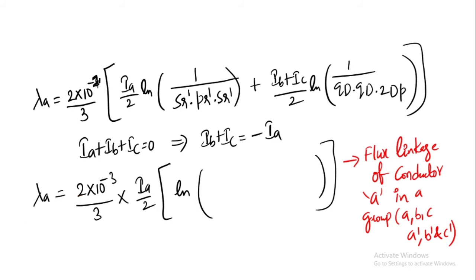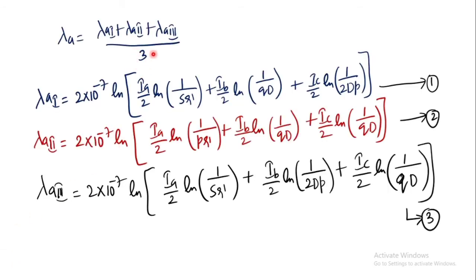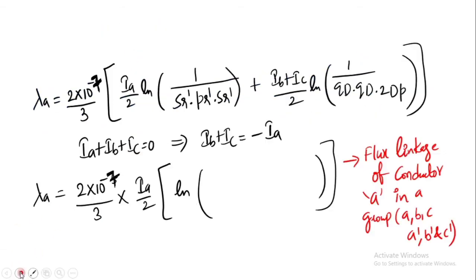It is 2 into 10 power minus 7. Okay, here also, 2 into 10 power minus 7 as common. Next, in addition to that, what is common? By 3. So that is the reason why I have written directly 2 into 10 power minus 7 by 3 separately.